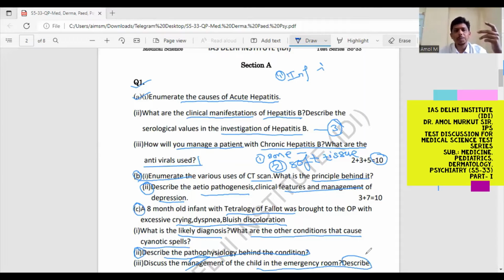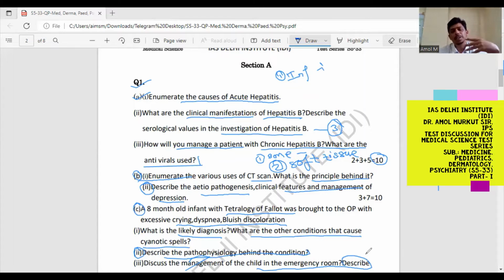So if this is a highly probable question, then you have to remember that chart, the sequential treatment. What you will do when the child comes: you will give knee-chest position, then start O2 supply, then give beta blockers, then give morphine to sedate the child, then correct the acidosis.